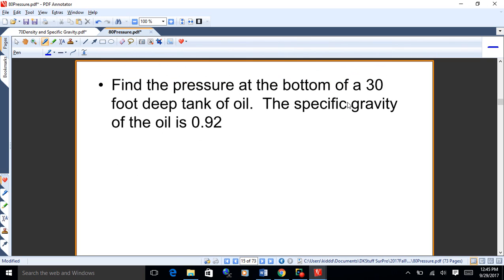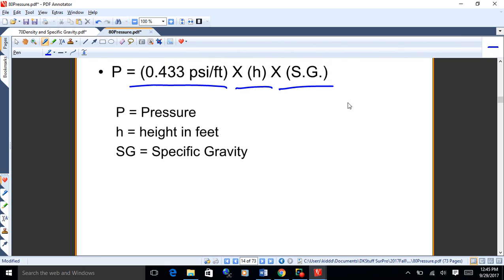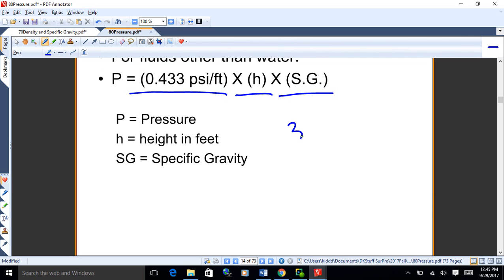So what if we've got a tank of oil with a specific gravity of 0.92? What's the pressure at the bottom of that? Yeah, so we've got 30 feet and a specific gravity of 0.92. Everybody doing all right with that one? Pretty quick.